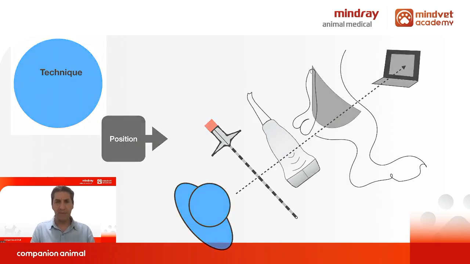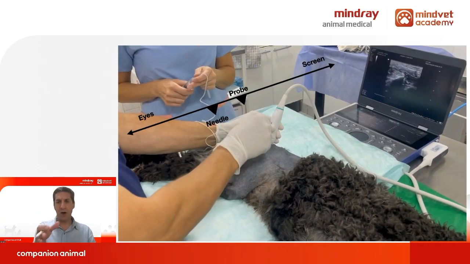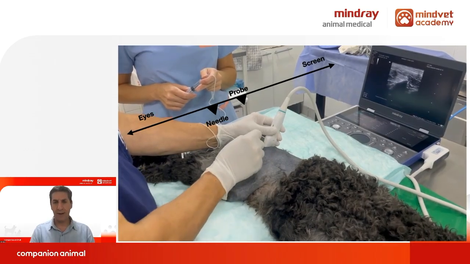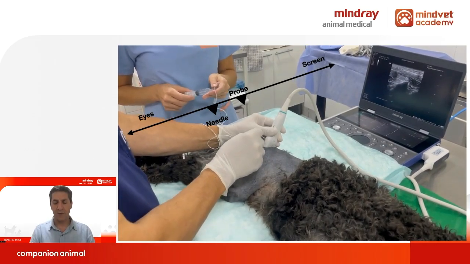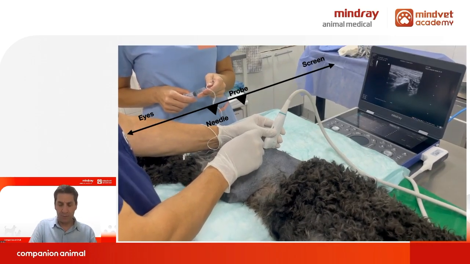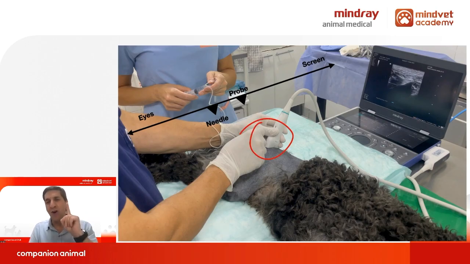So this is the way to do it. As you can see here, my eyes, needle, probe, dog, and the screen of the ultrasound. We can also make a simple exercise. We have the probe over the dorsal aspect of the ilium. So this bone we can see here is the ilium.